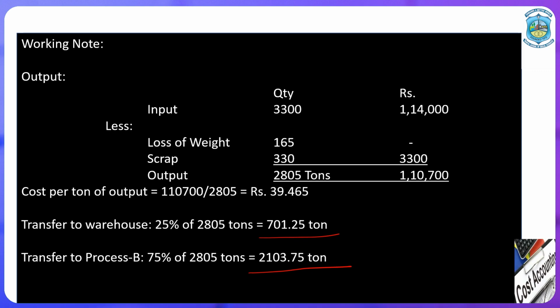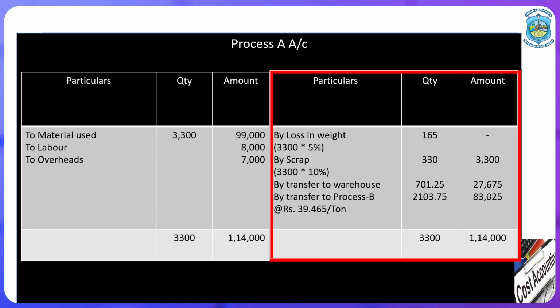One is to warehouse, another we are going to send to the next process, that is process B. So, you can see again in the main table, by transfer to warehouse 701.25 and by transfer to process B 2103.75. So, we have to calculate the per ton amount. The per ton amount we have calculated is 39.465, 39 rupees and 0.465 per ton.